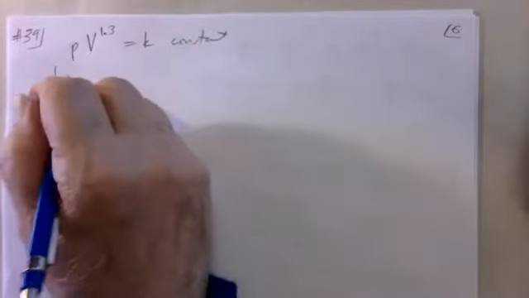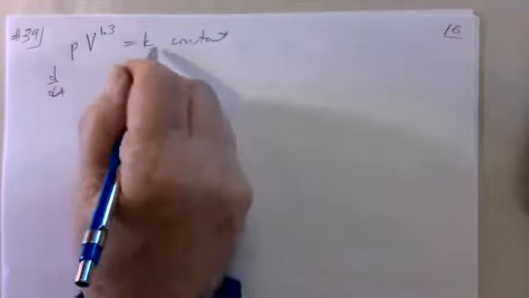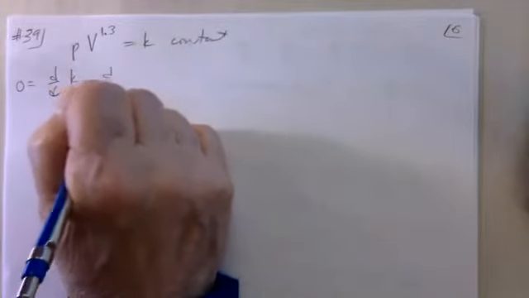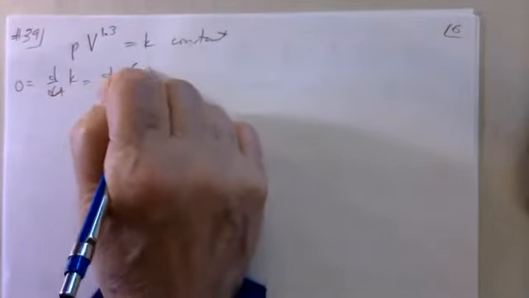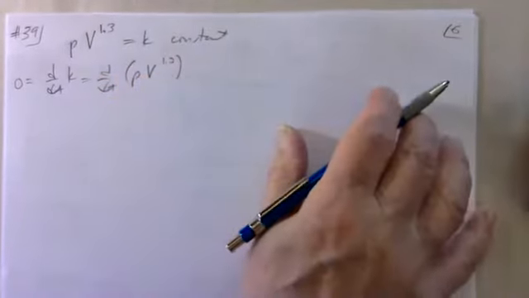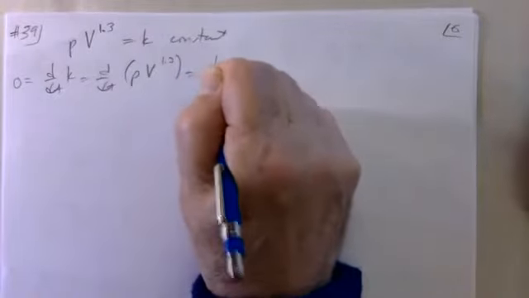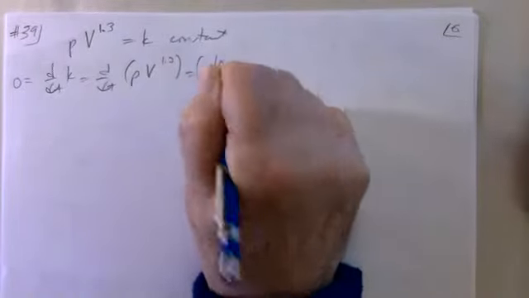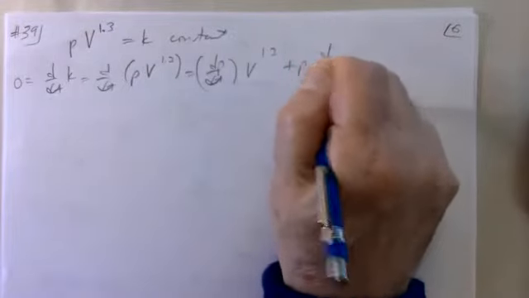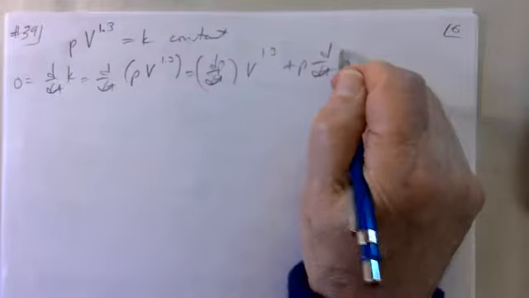Well, for that, all we do is differentiate with respect to t. On the right hand side, you have K. The derivative of a constant is 0. So that's the derivative with respect to t of P V to the 1.3. By the product rule, this is dP/dt times V to the 1.3 plus P times the derivative with respect to t of V to the 1.3.